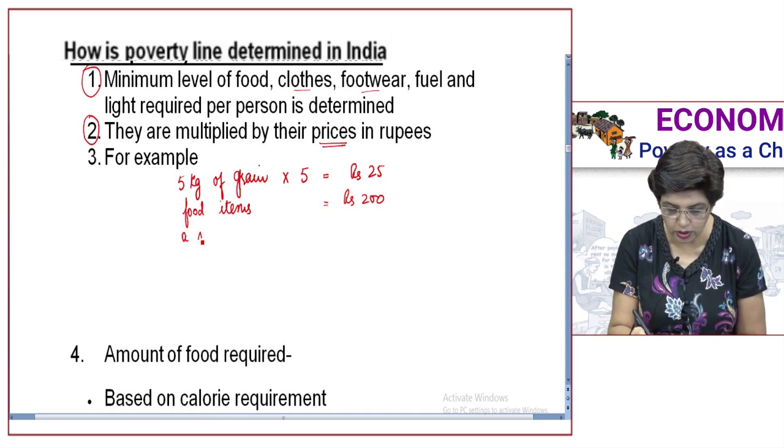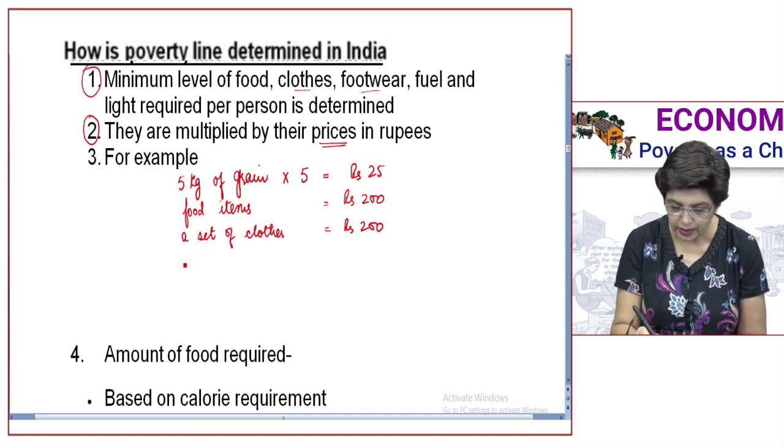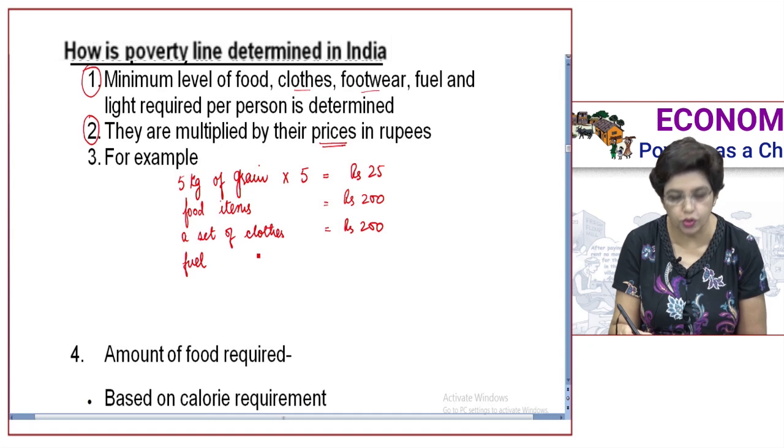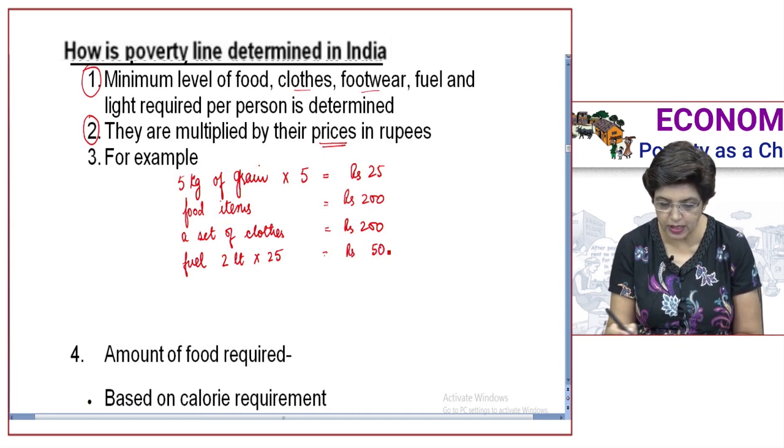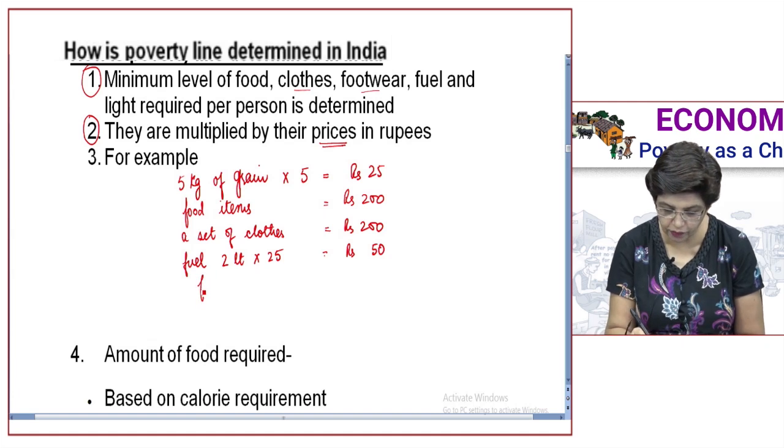Then a set of clothes, I'm considering rupees 200 for that also. Then the person needs fuel to cook food, let's say 2 liters of fuel multiplied by its price, rupees 50. Alright, apart from this, they also need footwear.